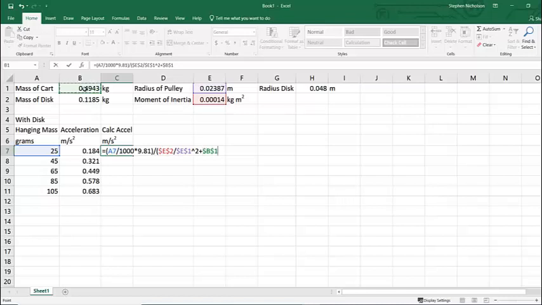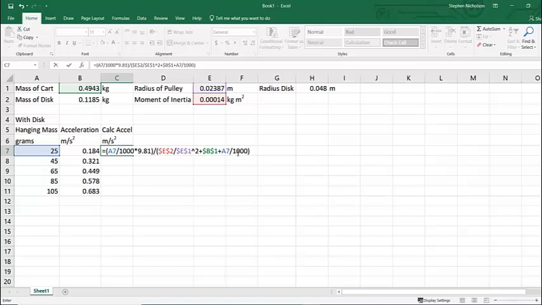Push F4 and then add the hanging mass, which is this one. That's M2. We've got to divide by 1,000. And then a right parenthesis, so that should be right. So we got M2 times G divided by I divided by R, the pulley squared, plus M1, the mass of the cart, which doesn't change, plus the hanging mass, which is going to change, divided by 1,000 to get everything in the right units.